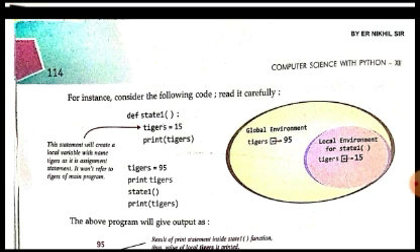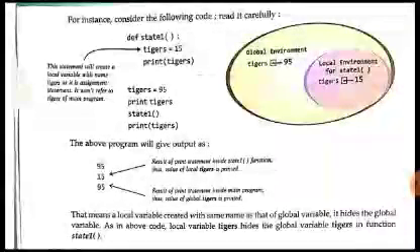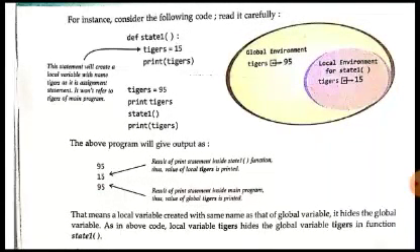Inside the function state1, the global variable will not be used. It will first create a new variable with the value 15, and then that variable's value will be used in your function. It won't refer to the tiger of the main program because that was the scope of the global variable.